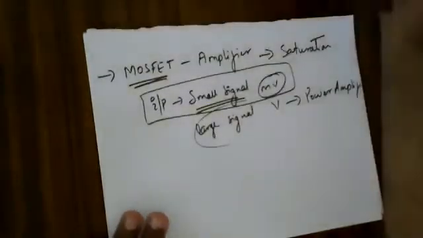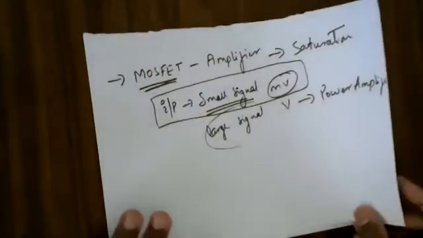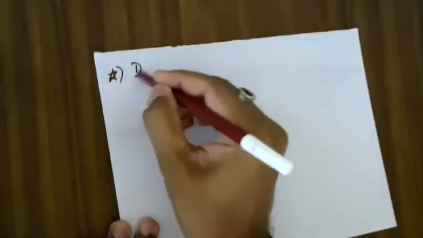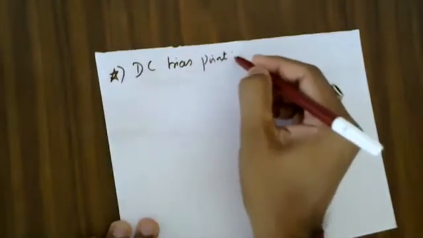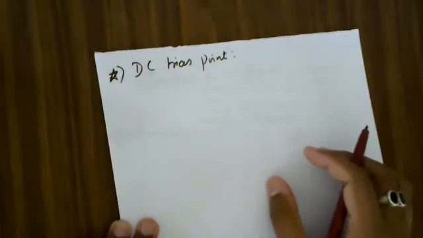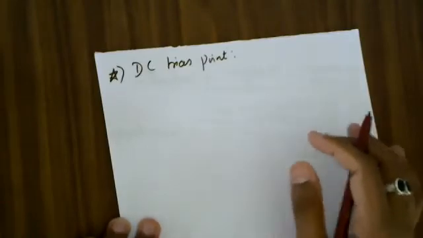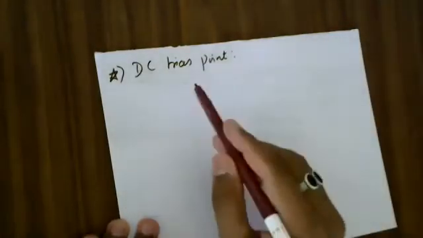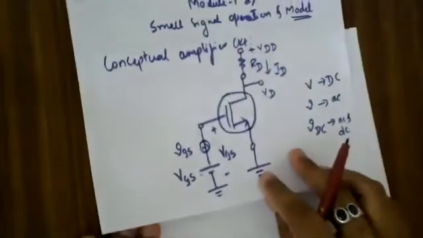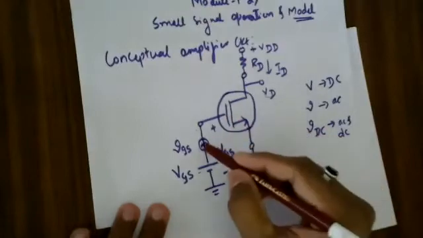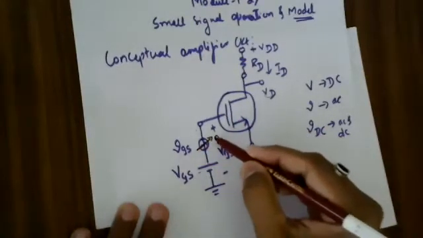So let us work on what is a DC biasing point, or a DC circuit, for this particular network. So we'll work on the DC bias point. When I say that I want to work on a DC circuit, it simply means that in my circuit diagram, I'm going to make my AC signal 0.